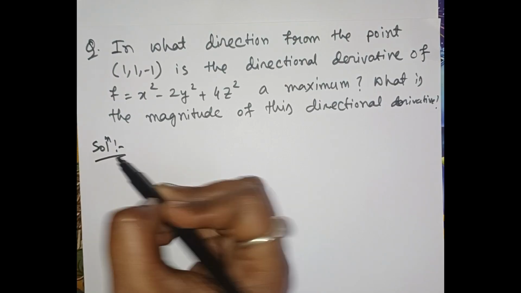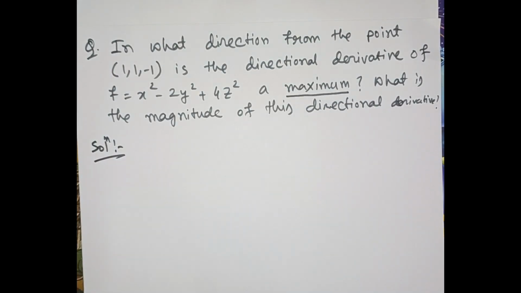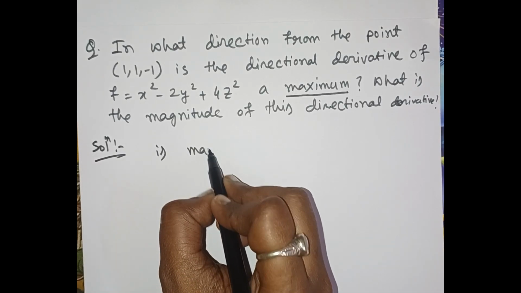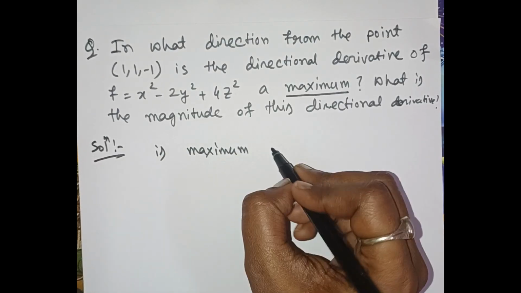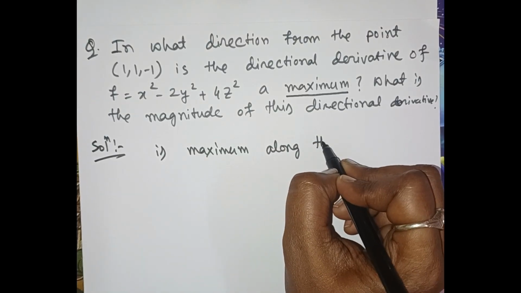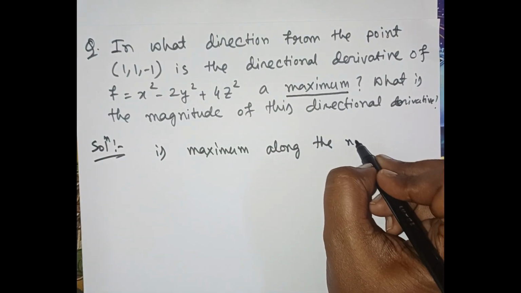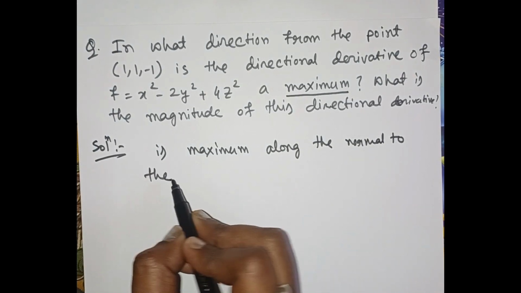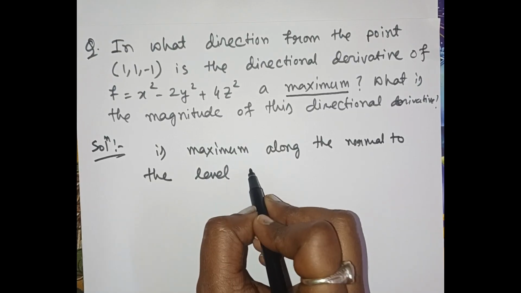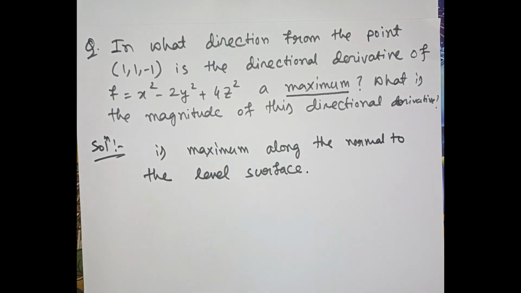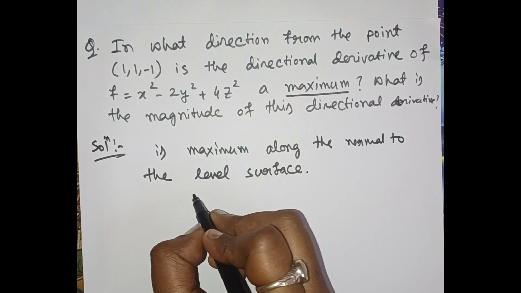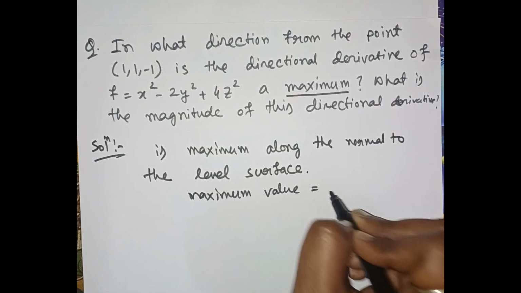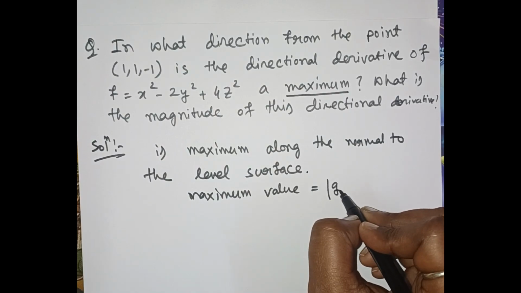So solution, see, we need the maximum directional derivative, and we know that the directional derivative is maximum along the normal to the level surface, and the maximum value is equal to the modulus of grad phi.